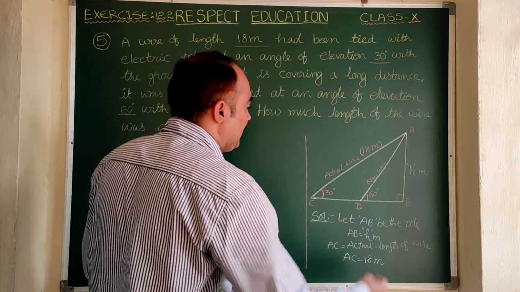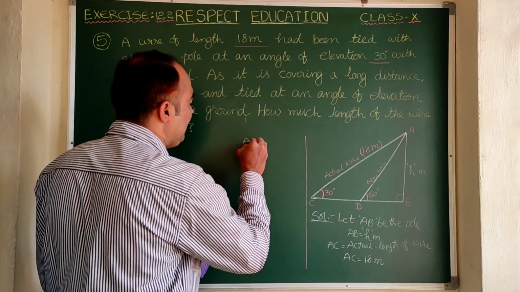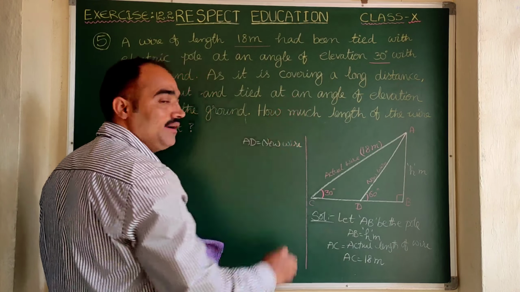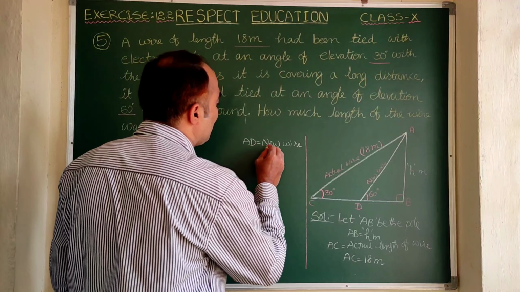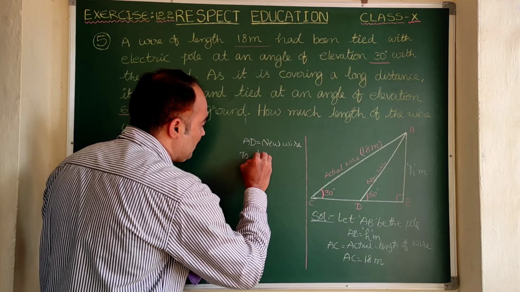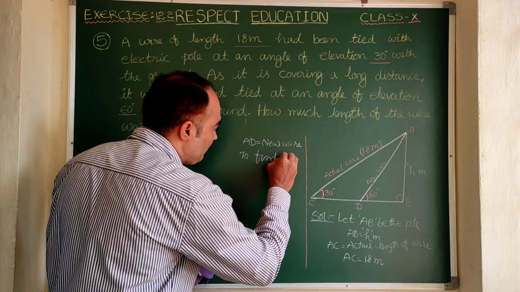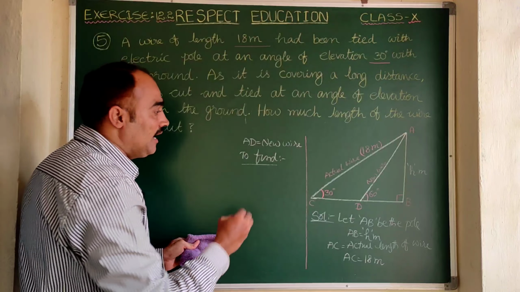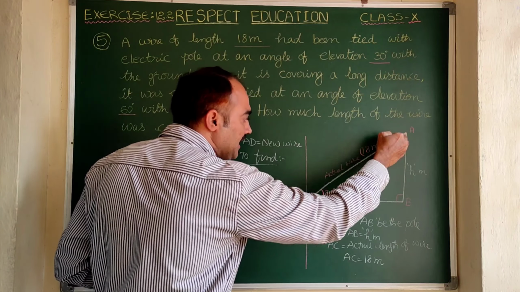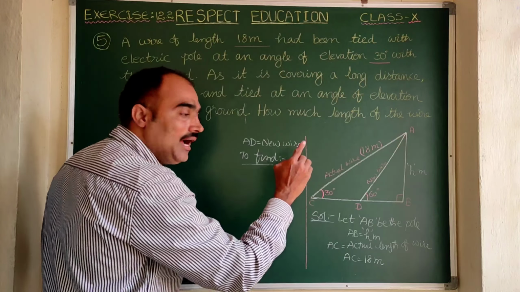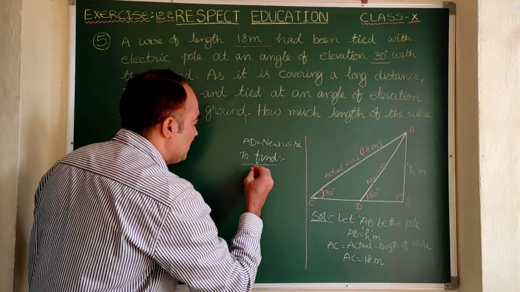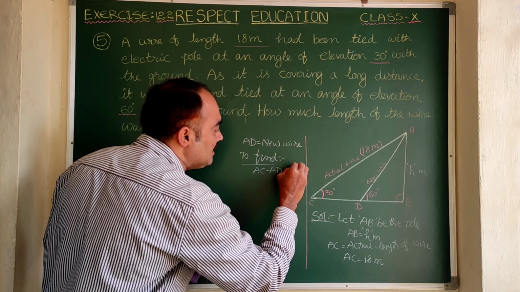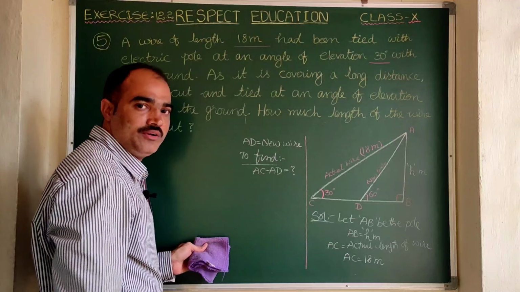Also AD is equal to the new wire. Now what is to be found? How much length of the wire was cut, nothing but AC minus AD, actual wire minus new wire. So AC minus AD is the question mark to be found.